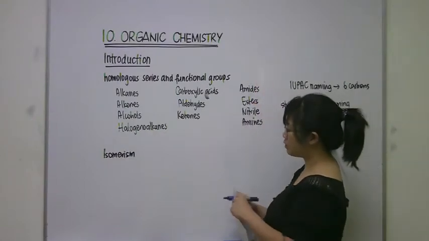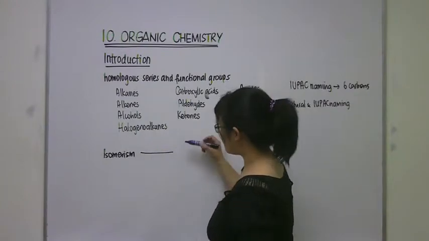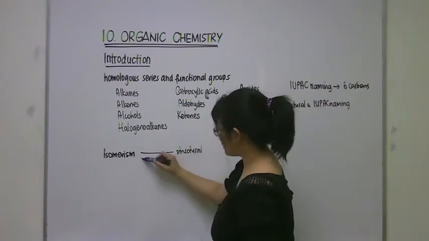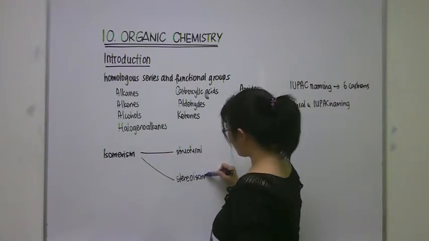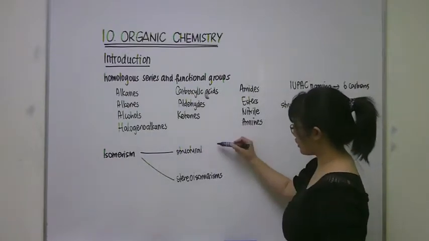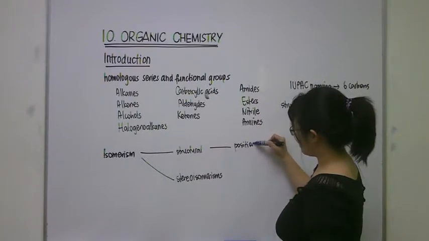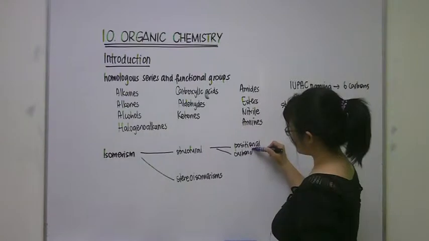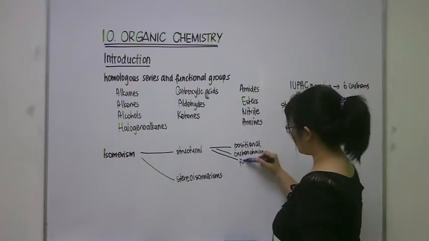Okay, then they need to learn about isomerism. So there are 2 types that they need to learn, structural and stereoisomerism. For structural, there are 3 different types: positional, carbon chain, and functional group isomers.